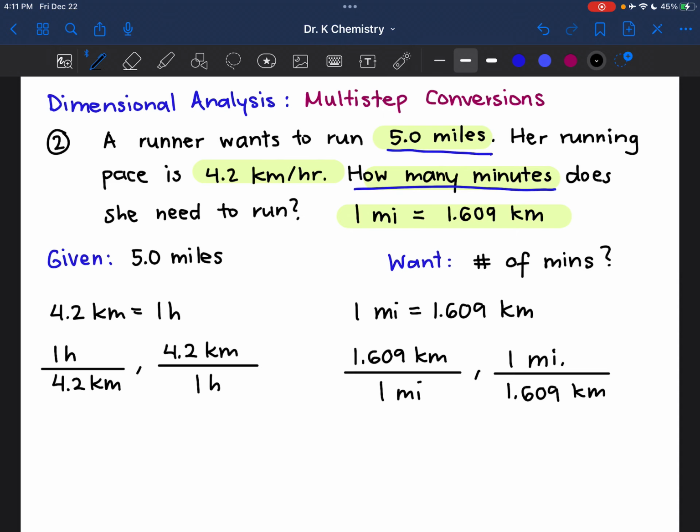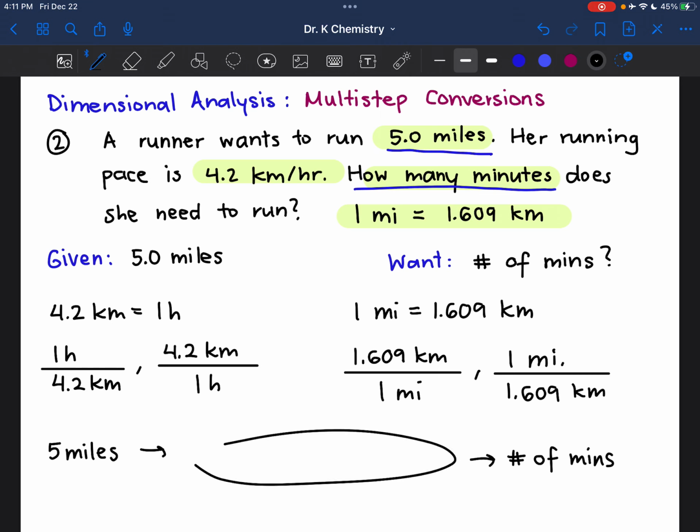So it might be helpful to start off by just drawing a roadmap of where we're trying to go. So we know that we have 5 miles, and somehow we're trying to get to the number of minutes. Now, we don't have a direct connection.